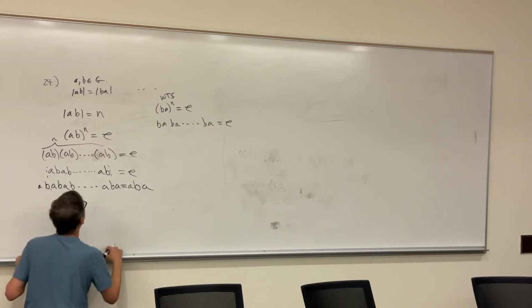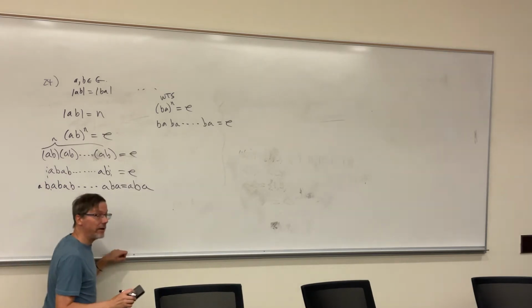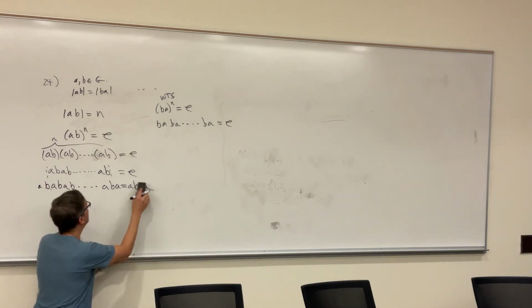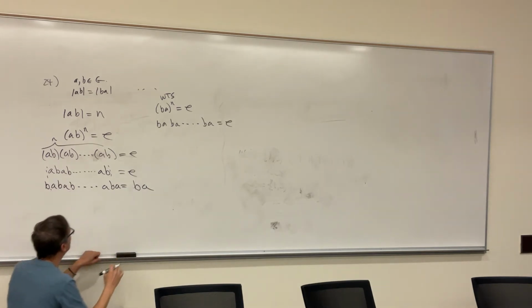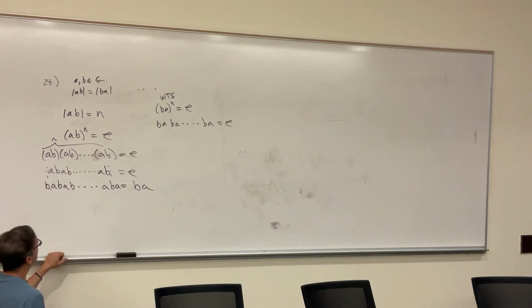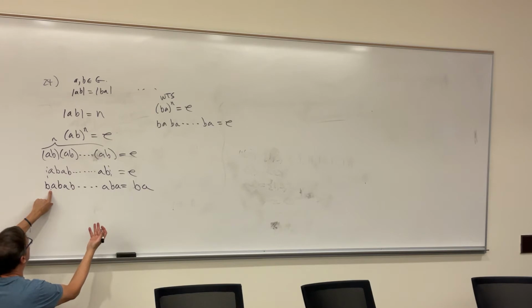Okay. So let's see. I think maybe get rid of the A on the left. Because now we have it in BA, you can group it like that, and then it would be BA to the N plus one, right?